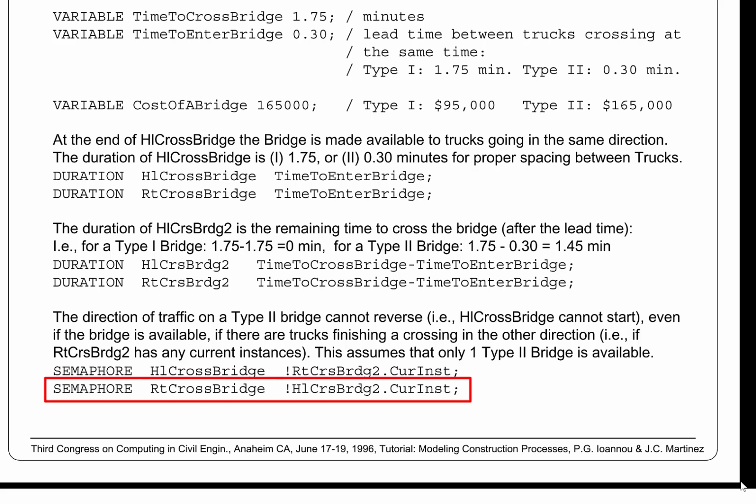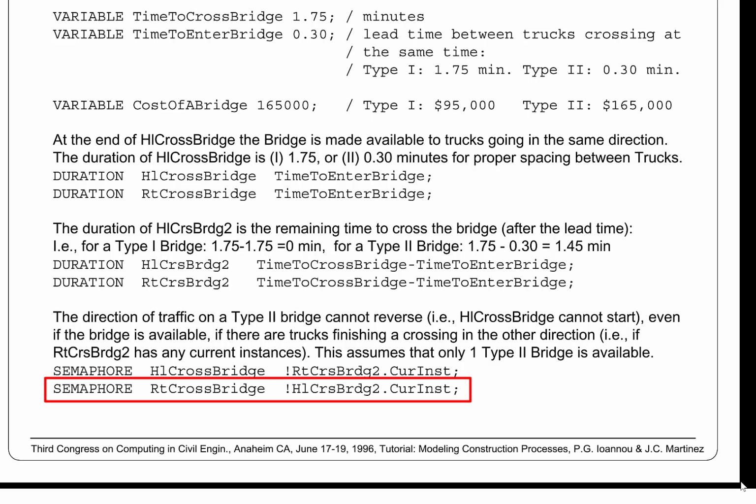Similarly, if there are any trucks finishing crossing the bridge in the hauling direction, then there will be current instances of whole cross bridge 2. If there are any current instances of whole cross bridge 2, then the logical NOT of that is the NOT of a number that is 1 or greater, which will give us a 0.